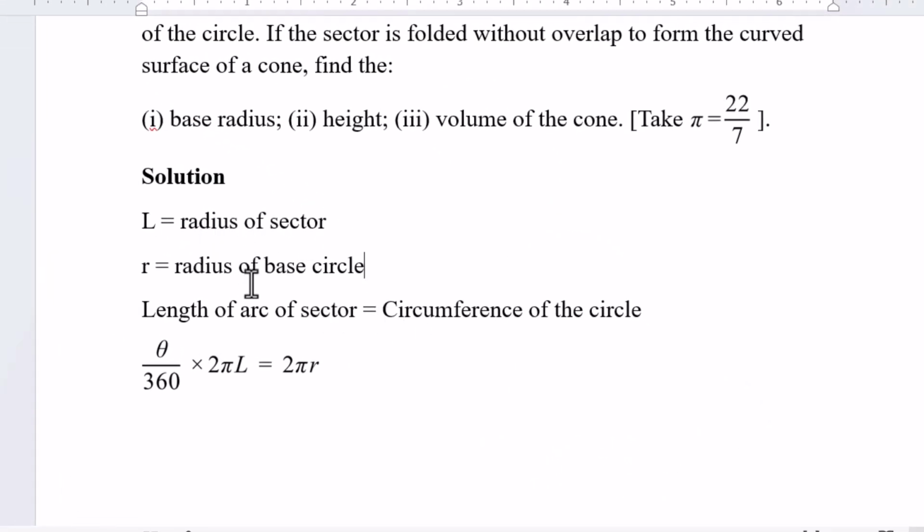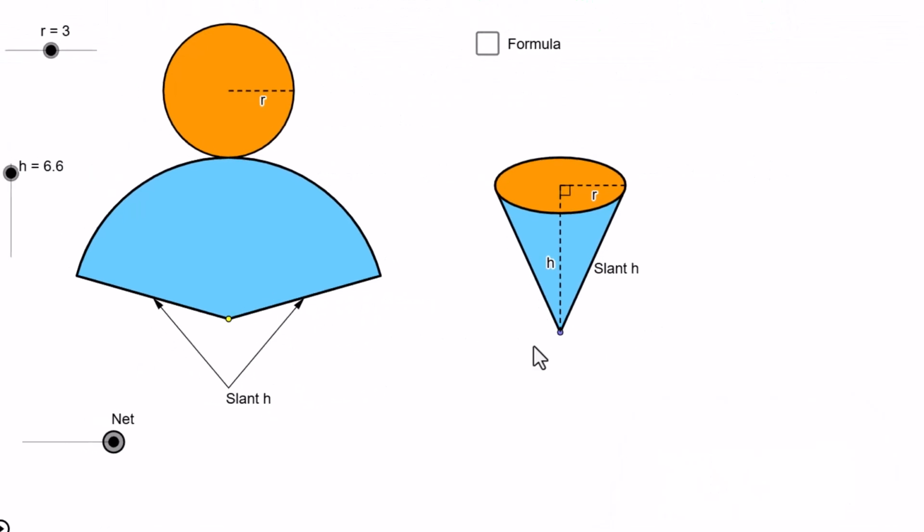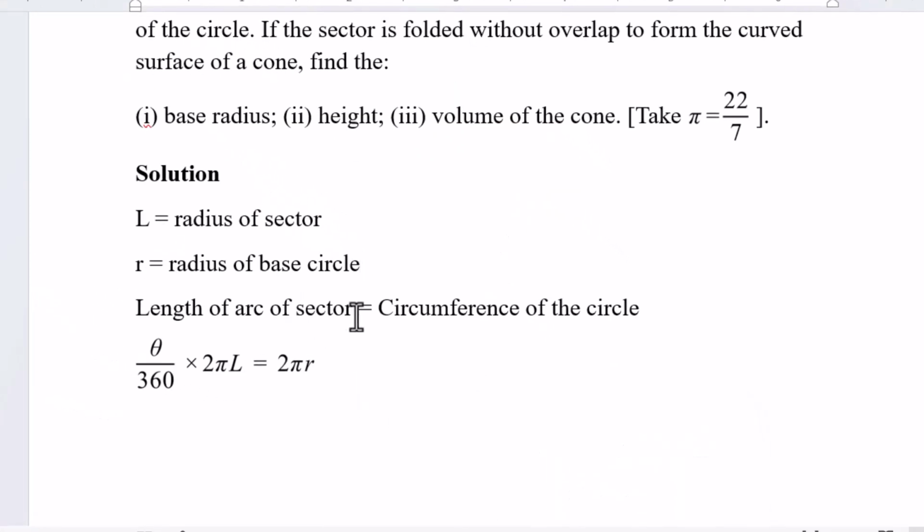So this is the first thing you should get. Then the first principle from this analysis is the length of this arc. You can see it, the length of this arc is equal to this circle's circumference. That is the first thing I demonstrated, and this is the formula.